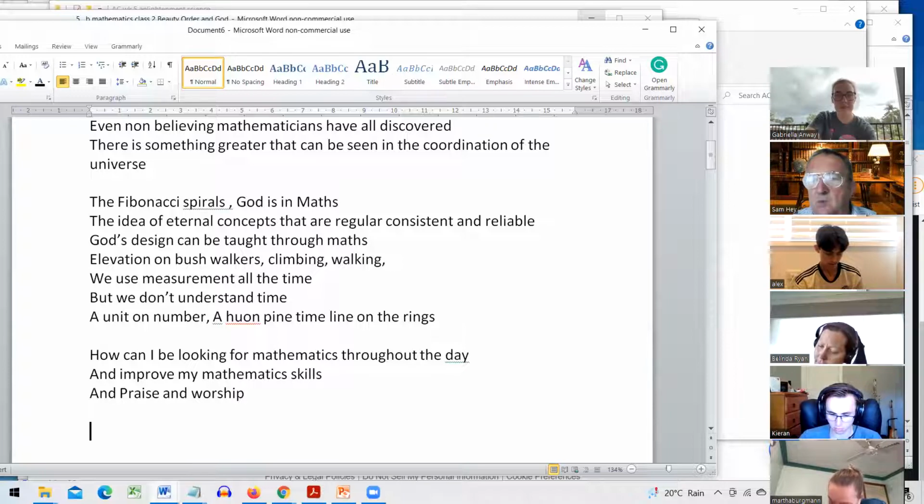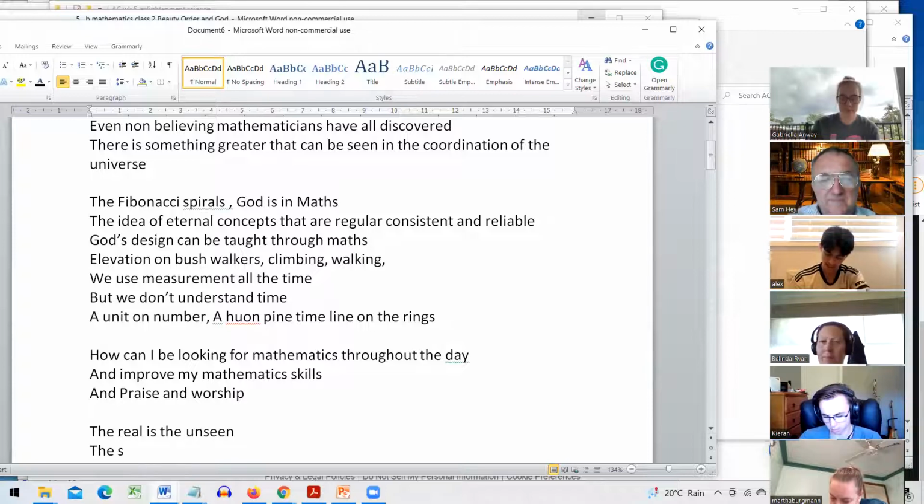And do we have one more? That would be me. Alex, thank you. Yes. One of my favorite things that you said, I wrote it down, is that the real is the unseen, whereas the seen is a shadow on the wall. I guess that was really good.